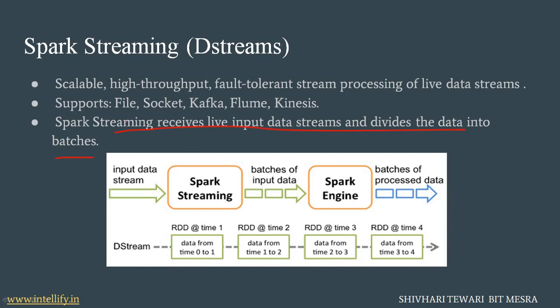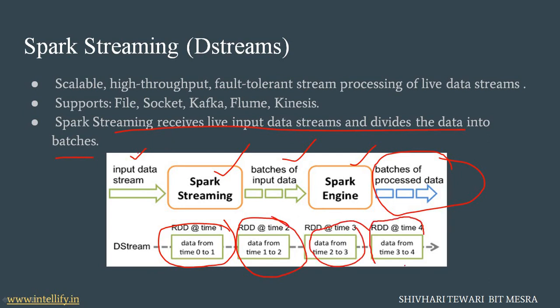So here is the process of Spark streaming. It is the input data stream, then we will use Spark streaming, then batches of input data, then there is the Spark engine, then there are batches of processed data. So the data stream, the data from time 0 to 1, the data stream RDD at time 2, RDD at time 3, and RDD at time 4, and so on.